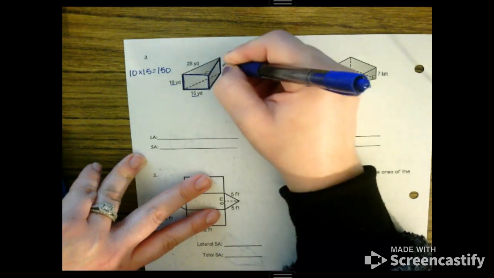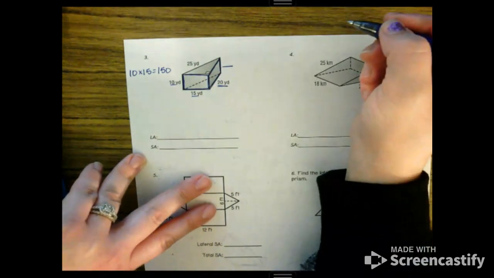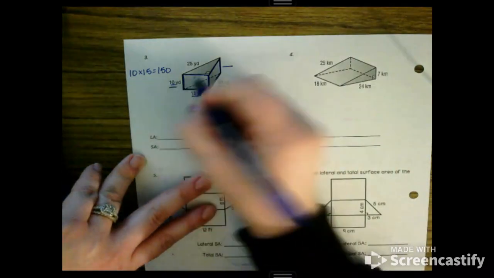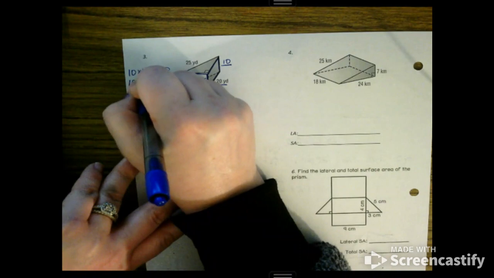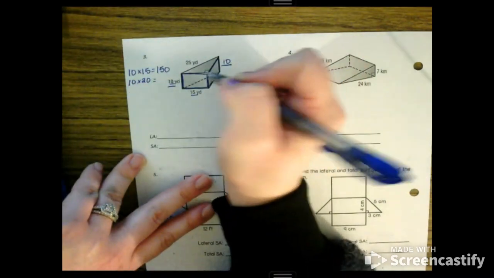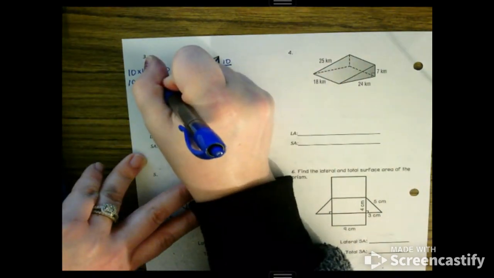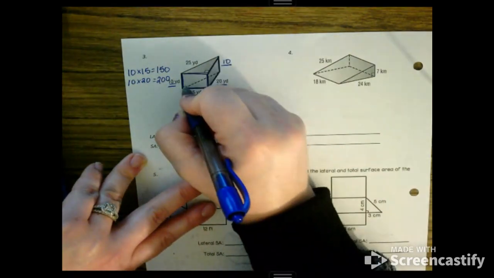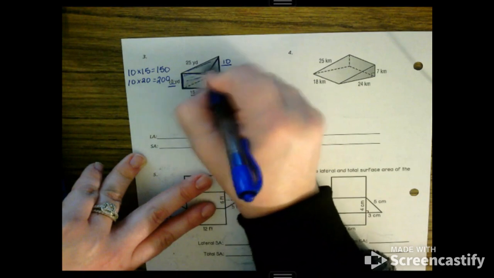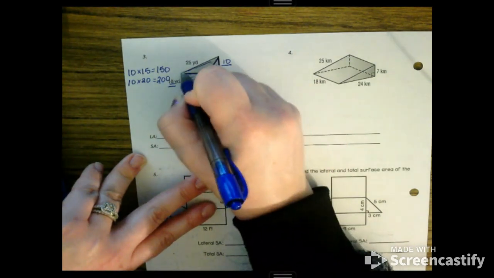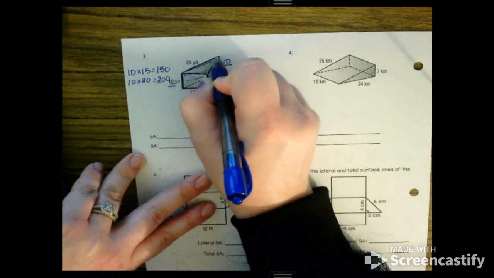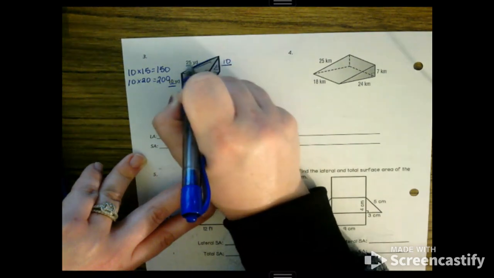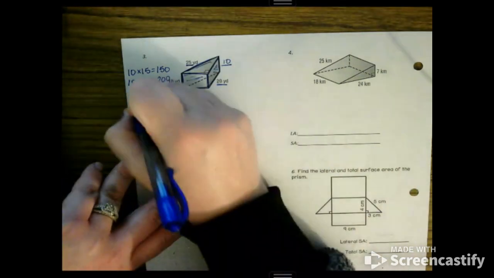So I have 20. Well, what's my height right here? 10. What's 10 times 20? 200. All right, so then I'm going to focus on this back one. So my side measurement is 25.